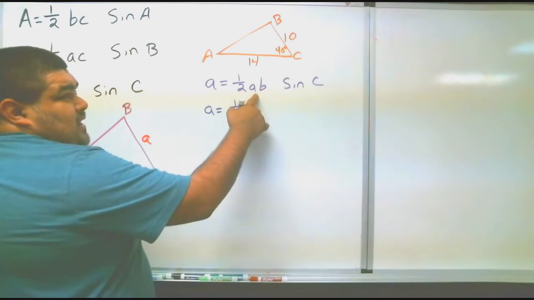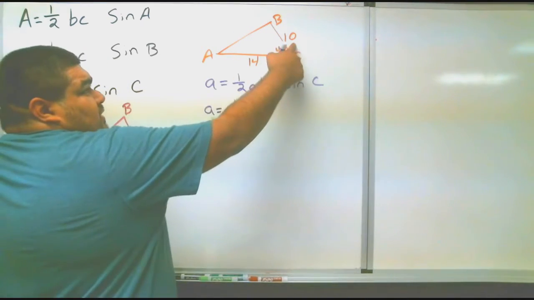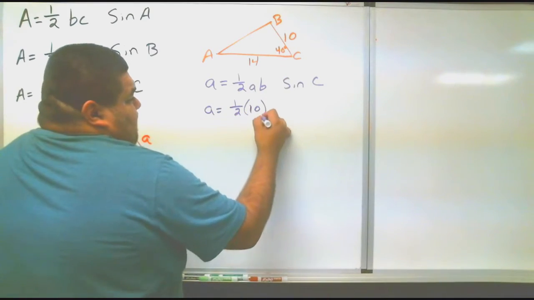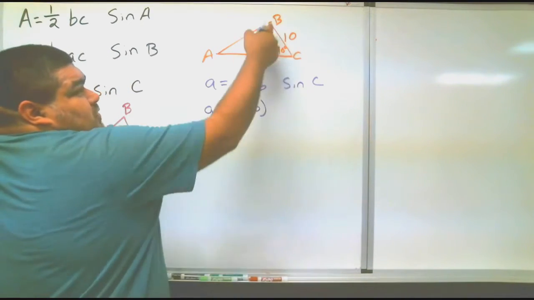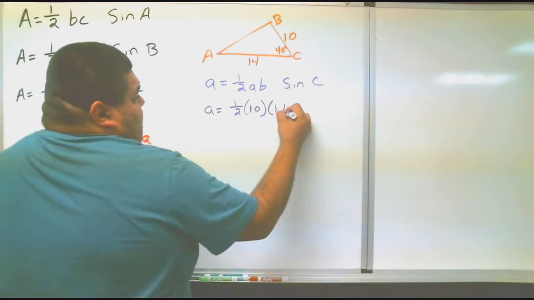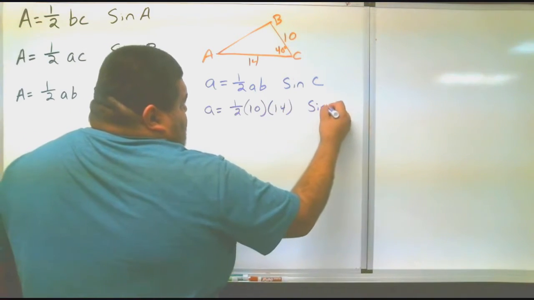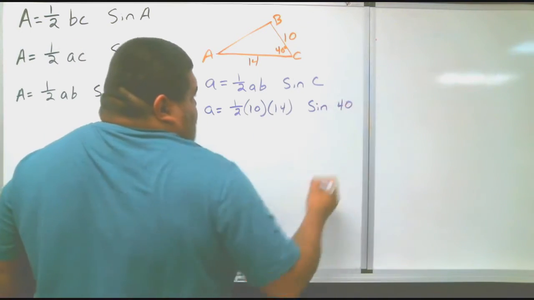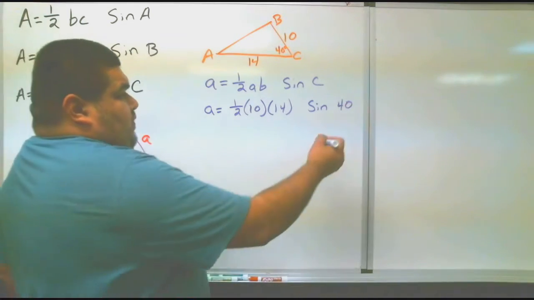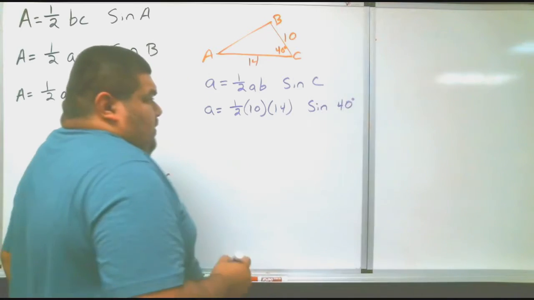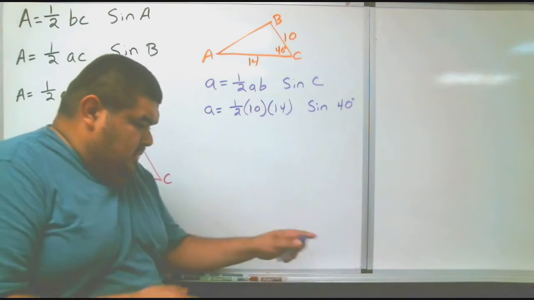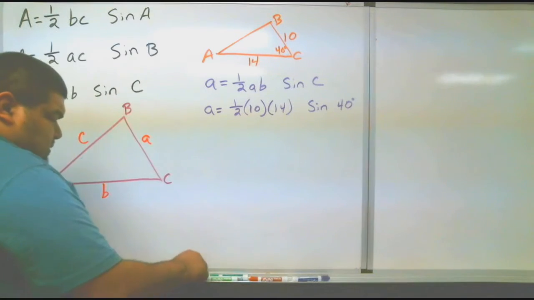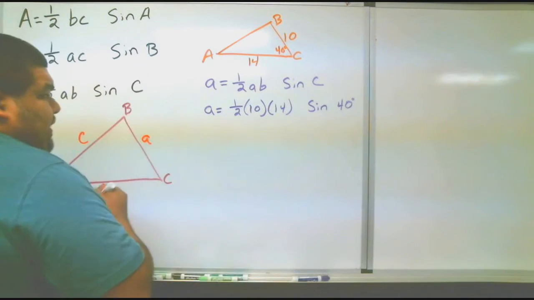We know what A is. In this case, little a is across from big A, which is 10. We know what little b is because it's always across from big B, 14, sine of 40 degrees. Keep in mind, we can multiply.